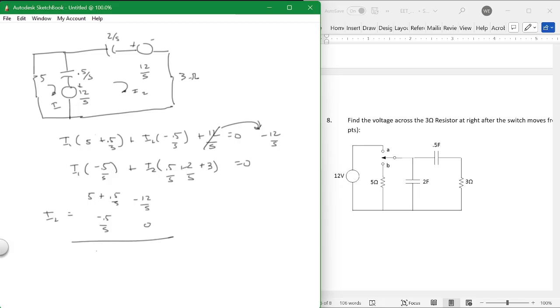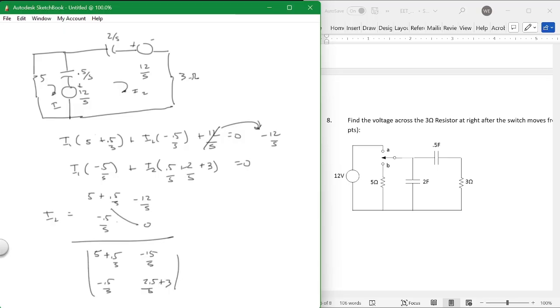All over what? 5, excuse me, that's 5 plus 0.5 over S, minus 0.5 over S, minus 0.5 over S, 2.5 over S plus 3.